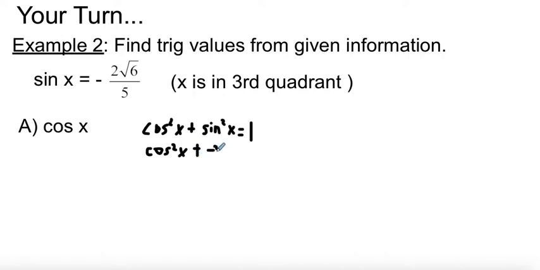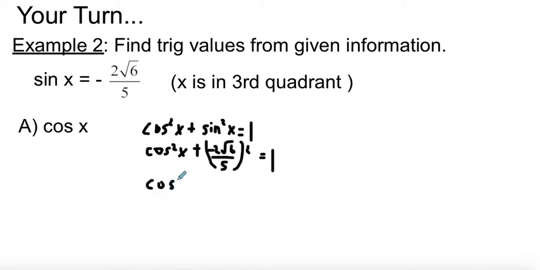Negative 2 square root of 6 over 5. And we're supposed to square that. Alright, so cosine squared.